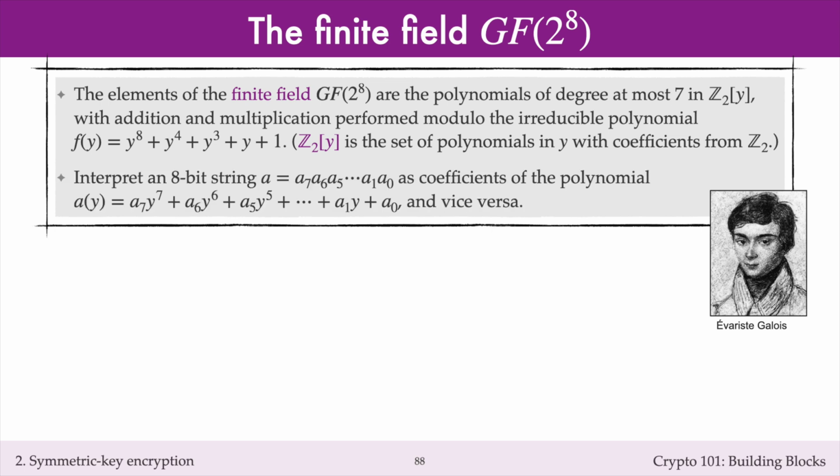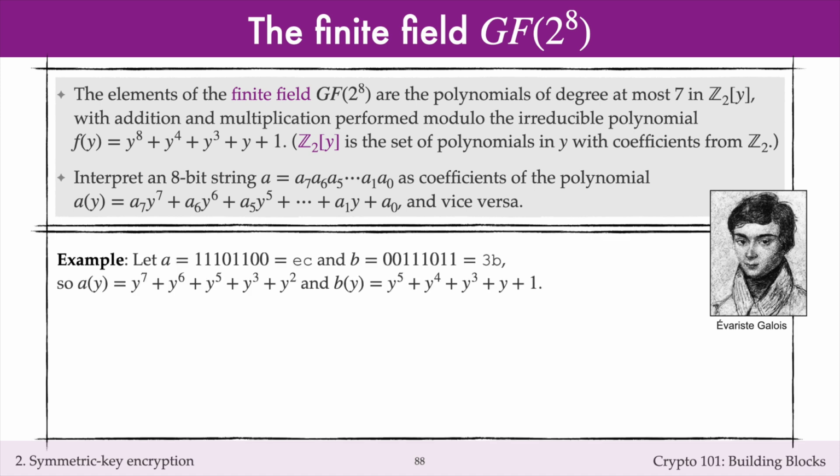In the following, we'll interpret an 8-bit string A, whose bits are denoted A7, A6 down to A0, as coefficients of the polynomial a(y) of degree at most 7, where the coefficients A7, A6 down to A0 are the bits of A, and vice versa. And so we can think of a byte as a polynomial over Z2 of degree at most 7, and vice versa. Here is an example.